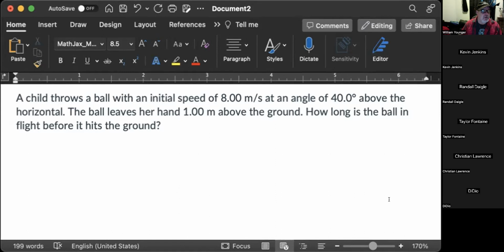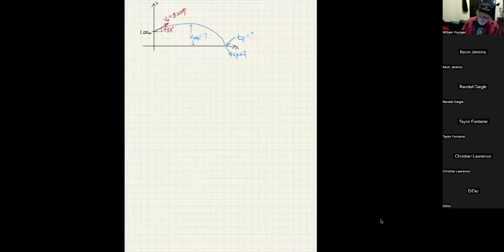How long is the ball in flight before it hits the ground? I've drawn a diagram, and in drawing the diagram, I've included that information in it. So I can now share it with you, and I'm going to now solve this problem.